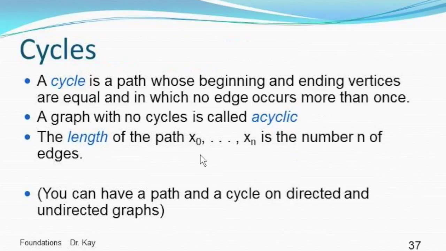Notice we started at x sub 0 here because there's a start and an end. But we talk about the length of the path as being the number of edges that it has. And of course you can have paths and cycles on directed and undirected graphs.